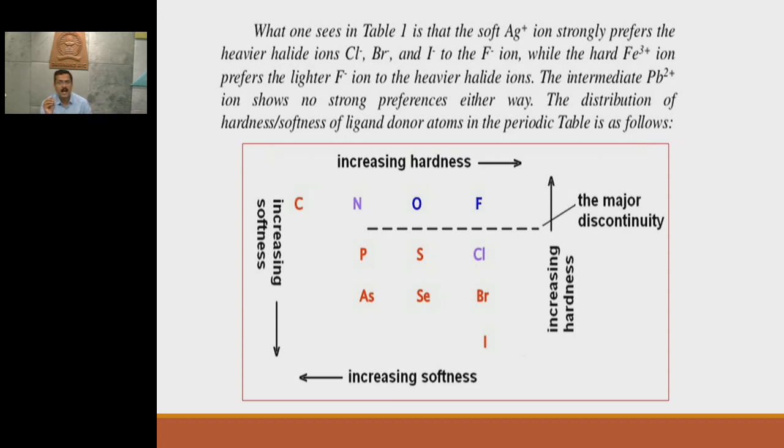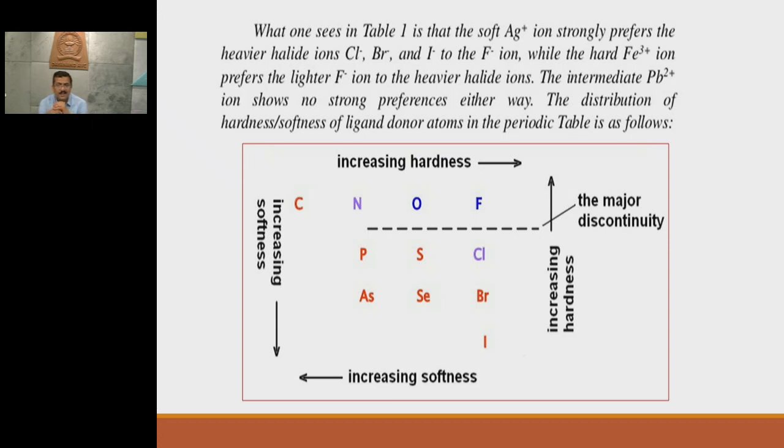Silver plus ion preferably binds with the halides chlorine, bromine, iodine rather than fluorine minus, because silver is a soft acid, while the hard acid Fe3 plus prefers to bind with the lighter fluorine atom. So that way we get an idea. In the case of intermediate lead ions, they do not show any strong preference either way.